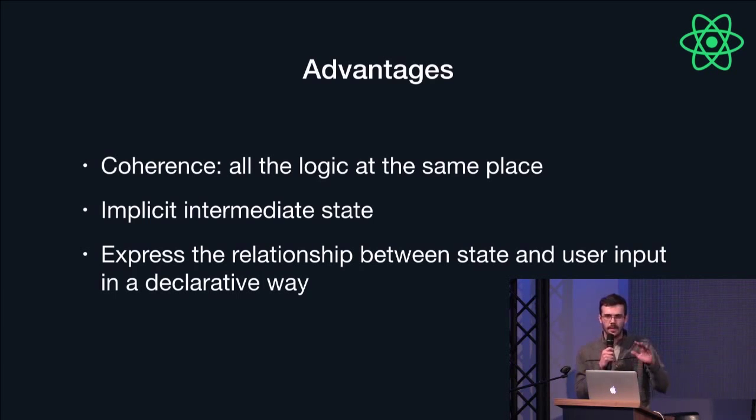Secondly, intermediate states are no more. They're implicit. I mean, intermediate state is still there, but we don't have to manage it anymore. And finally, like I've shown on the previous slide, the relationship between the state and the user input is clearly established in a declarative way, which is great.